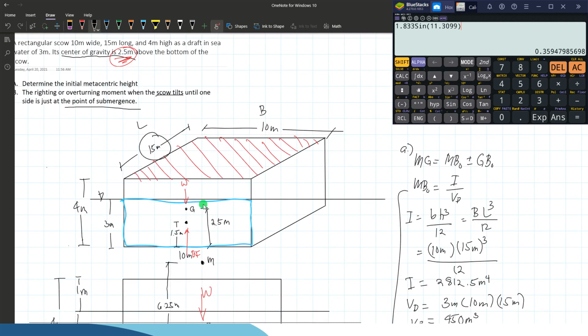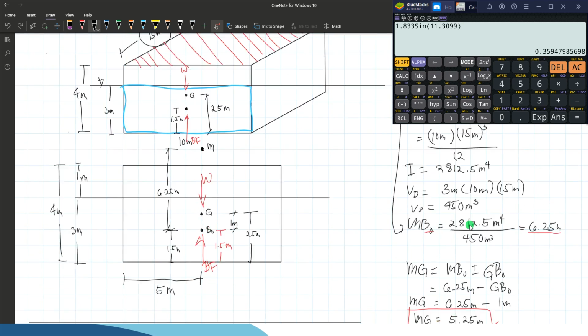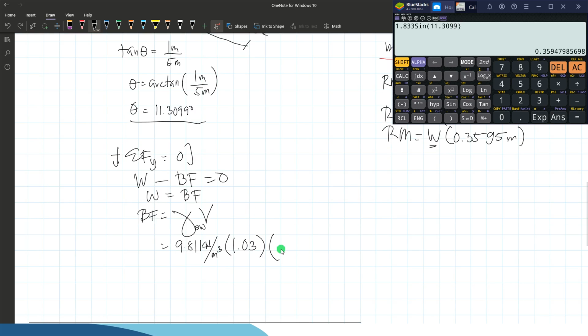For the volume displaced, we already solved that: 3 by 10 by 15 or 450 cubic meters. So the buoyant force, which is also the weight of the body, equals 4,546.935 kilonewtons.